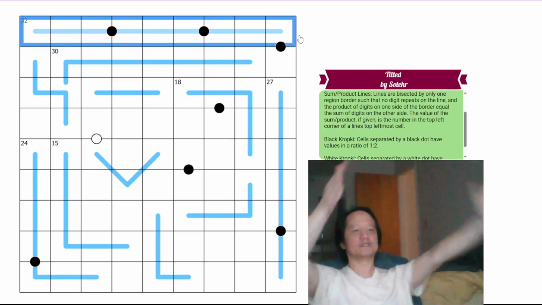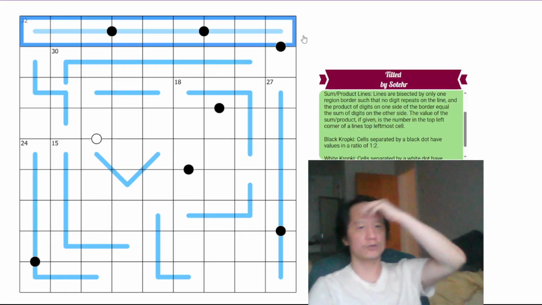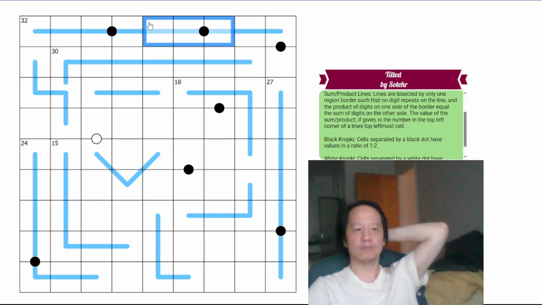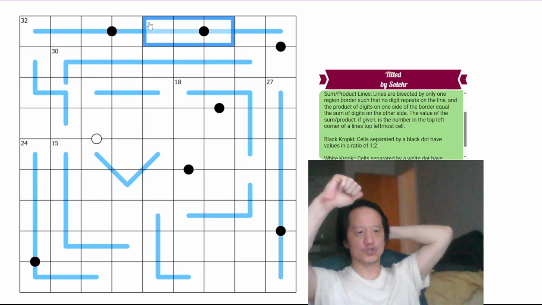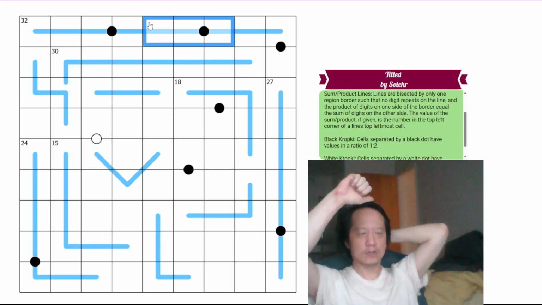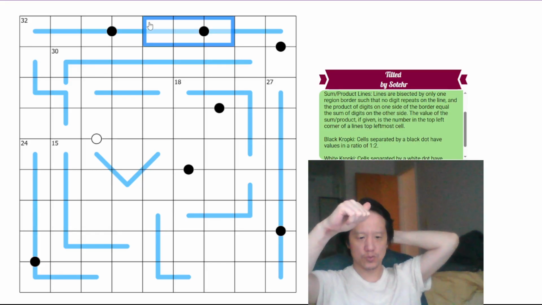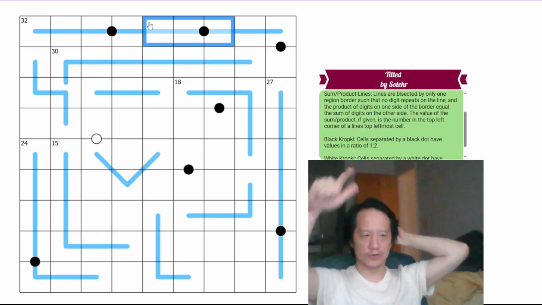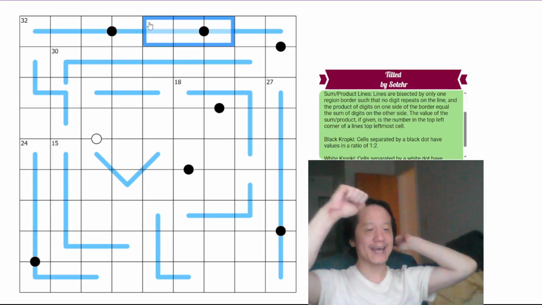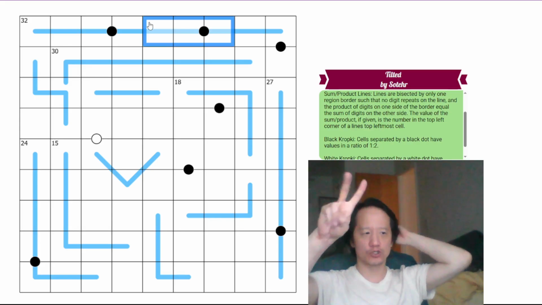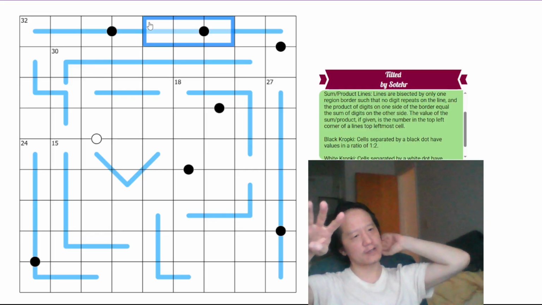Okay, so for the 32 line, we know it's the digits 1 through 9. That means on one side, it must sum to 32, and on the other side, it must multiply to 32. To add to 32, you have 3 digits or 2 digits on the other side. I guess you could have 4 technically.